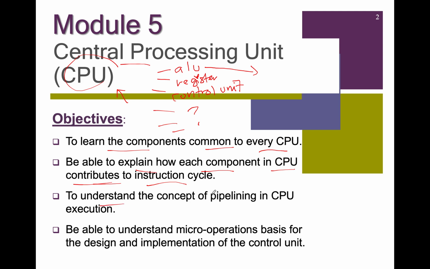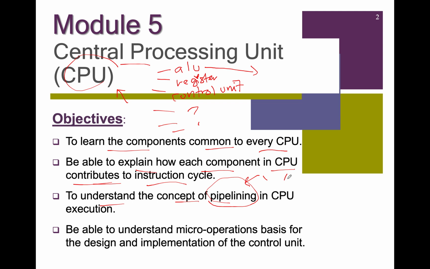And to understand the concept of pipelining in CPU instructions, this term we're going to look into in subjects like HPPC, high performance data processing, HPDP, and high performance computing.